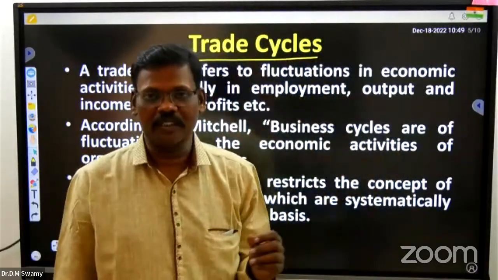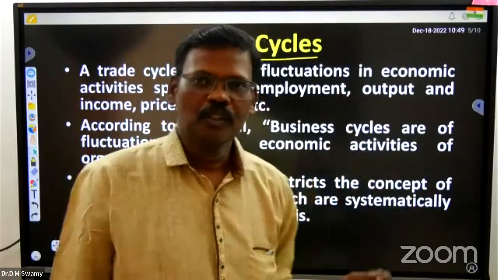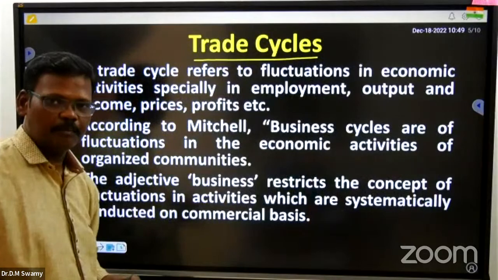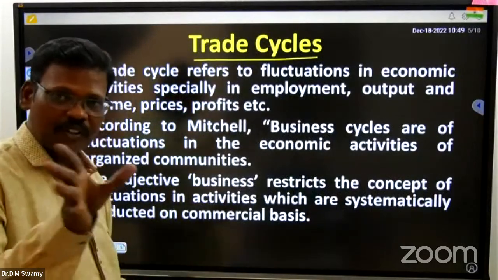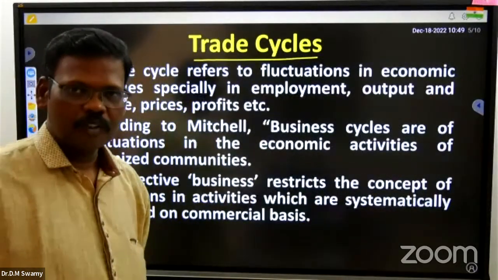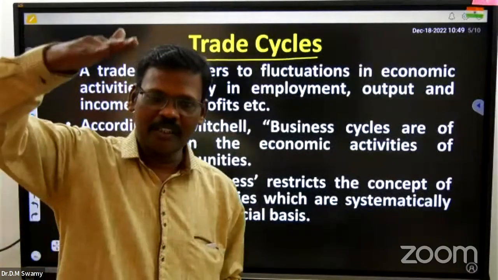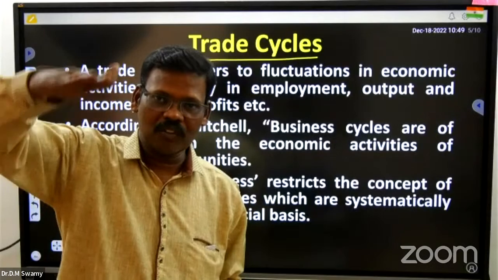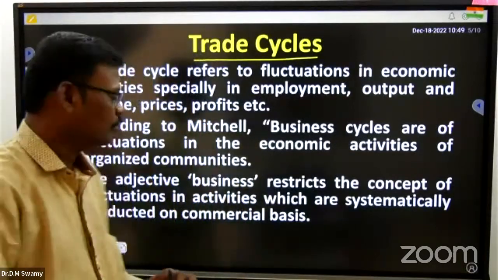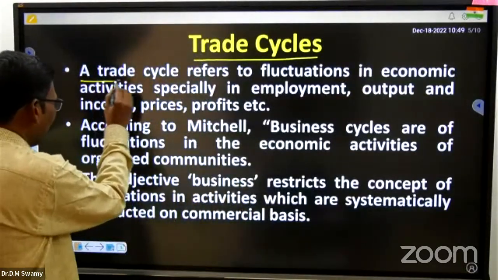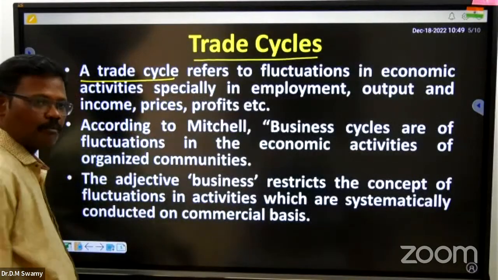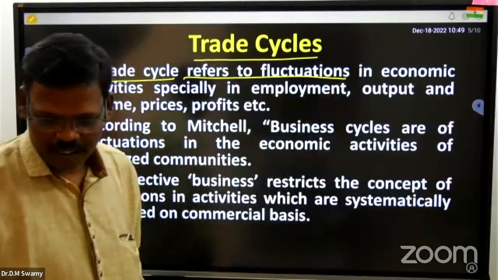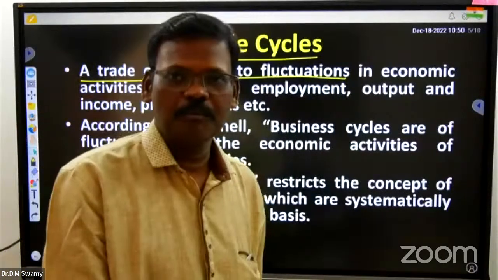That's why the trade cycle is linked with inflation. Trade cycle is nothing but ups and downs in economic activity. A trade cycle refers to the fluctuations in economic activity.